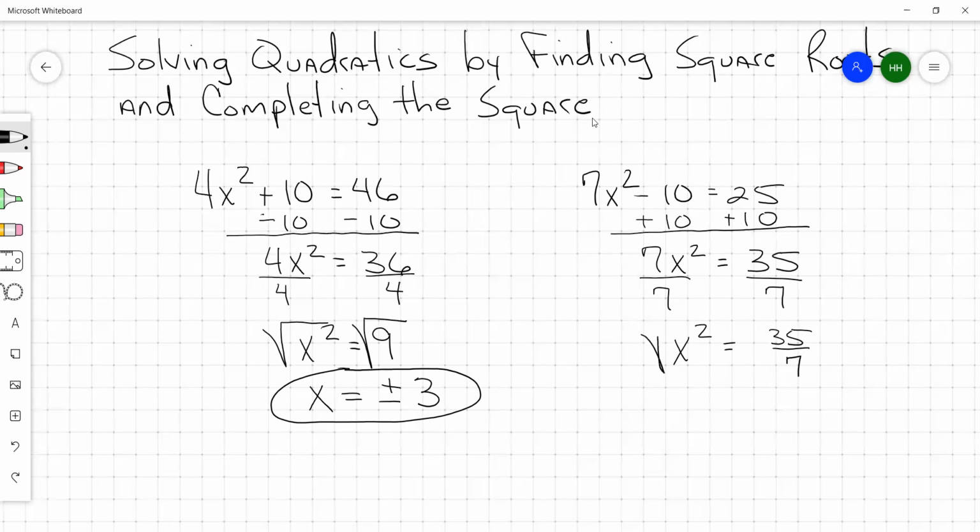And if you find the square root of both sides, then x equals, go with positive or negative. If we take 35 and put it over 7 and hit the square root button, we get 2.24. So positive or negative 2.24. You guys all right with that?